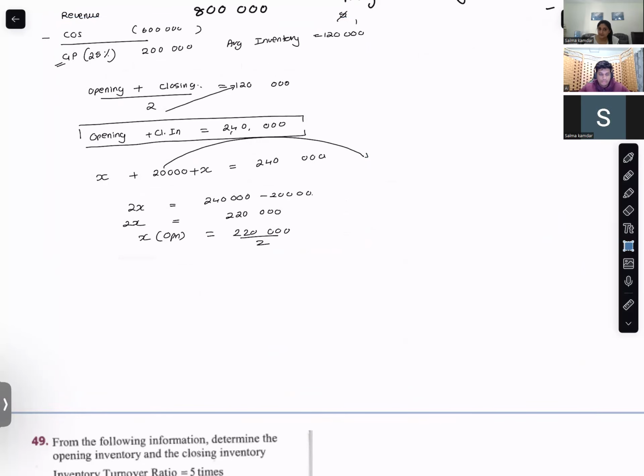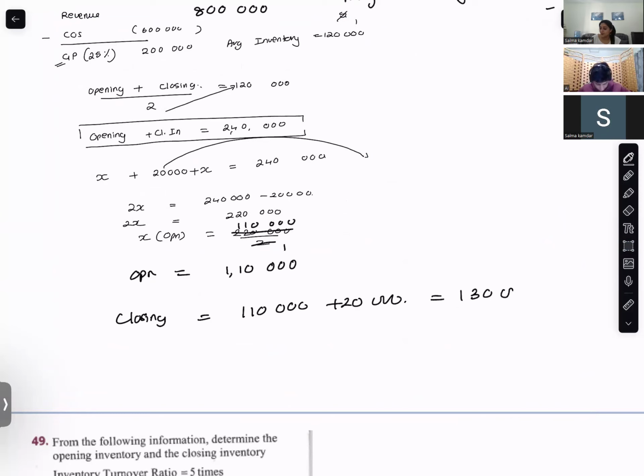So my opening inventory is how much? 110,000. Opening inventory is 1,10,000 and closing inventory will be 20,000 more than the opening inventory, so it will become 1,30,000. I am pausing the video.